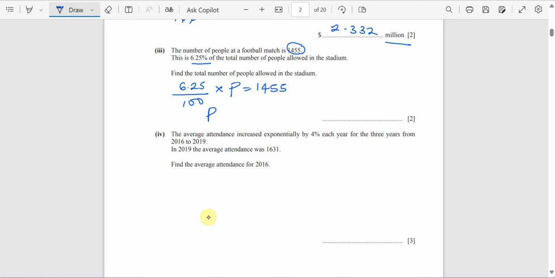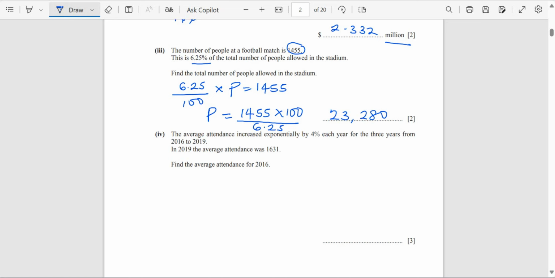So the people allowed would be 1,455 multiplied by 100 divided by 6.25. So when you use your calculator to solve that, the total people allowed there would be 23,280.